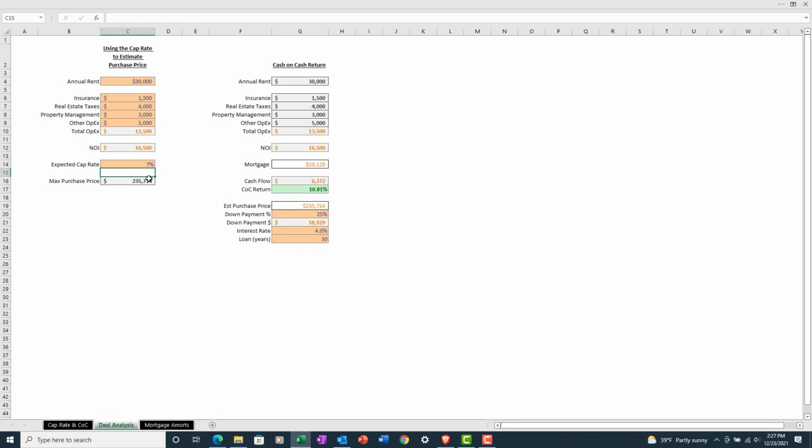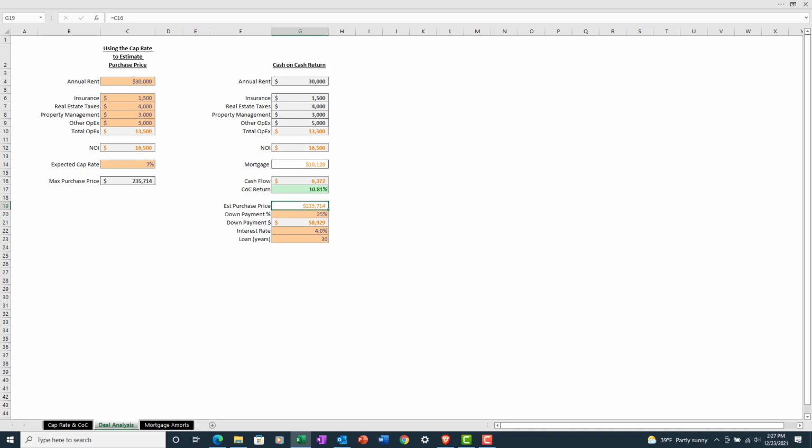So just over $235,000 if we want a cap rate of 7%. And this calculation is just our NOI divided by the 7%. So our purchase price here, we can now use this to calculate what our cash on cash return will be for this property. Our estimated purchase price flows over here to cell G19, the $235K.